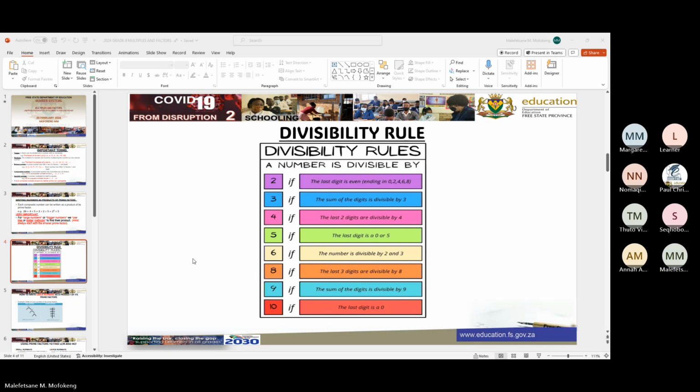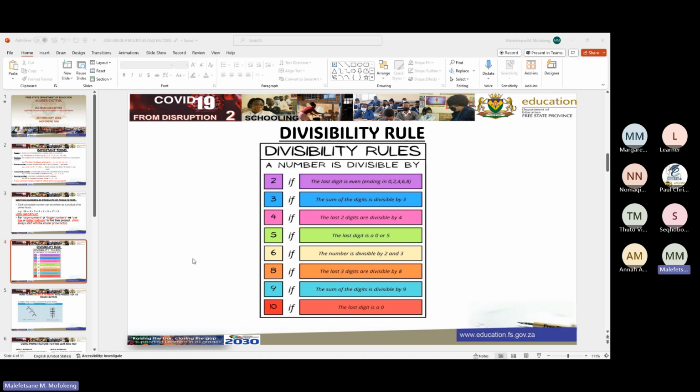4: if you want to know whether the number is divisible by 4, check the last 2 digits. If they are divisible by 4, therefore that number is divisible by 4. 5: check the last digit.